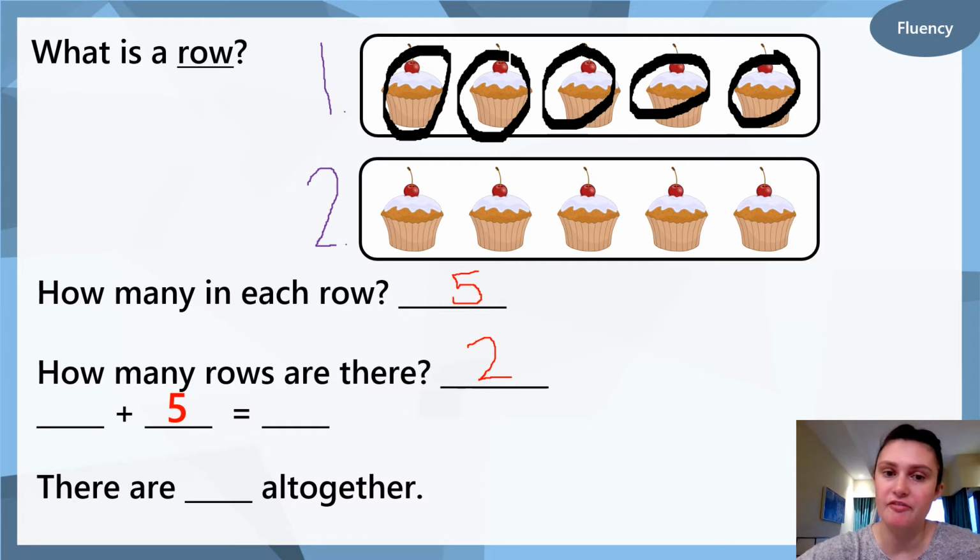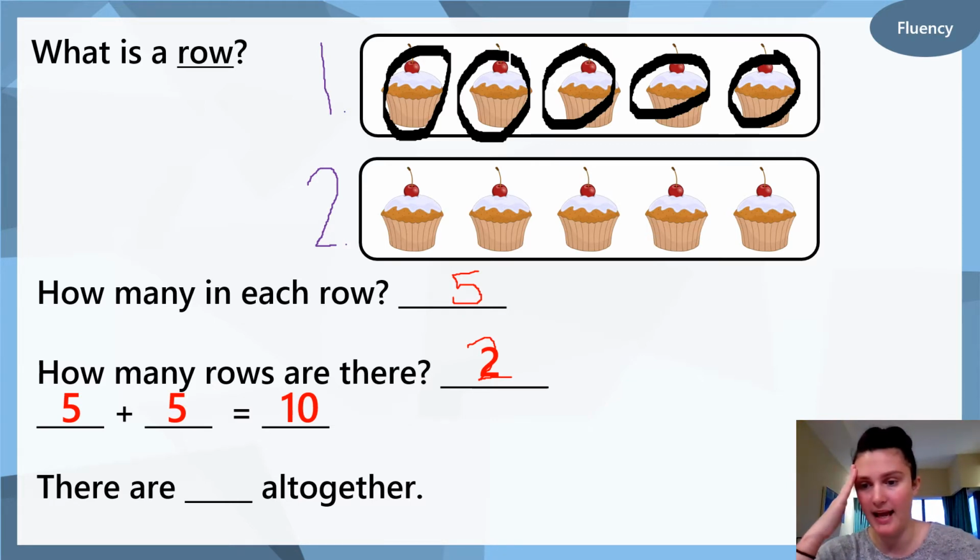So we have 5 in the first row, we have 5 in the second row. So we can say that 5 plus 5 equals 10. Very good. We could add 5 and 5. 5 in my head, 5 on my hands, counting up: 5, 6, 7, 8, 9, 10.